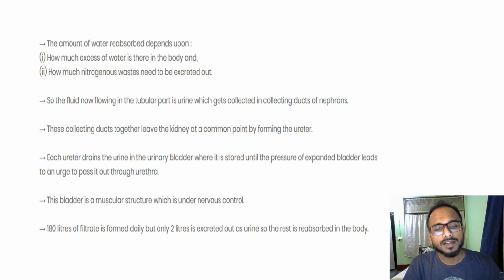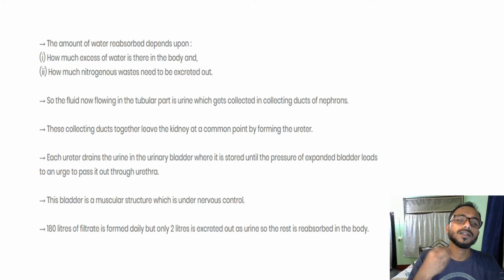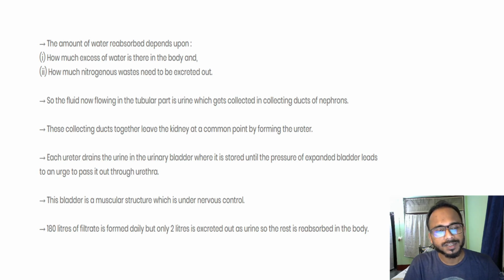This bladder is a muscular tissue which is under nervous control. So sometimes if you are too nervous, you have the urge to pass urine. If you are relaxed, you don't have that urge. So this is controlled by the nervous system.